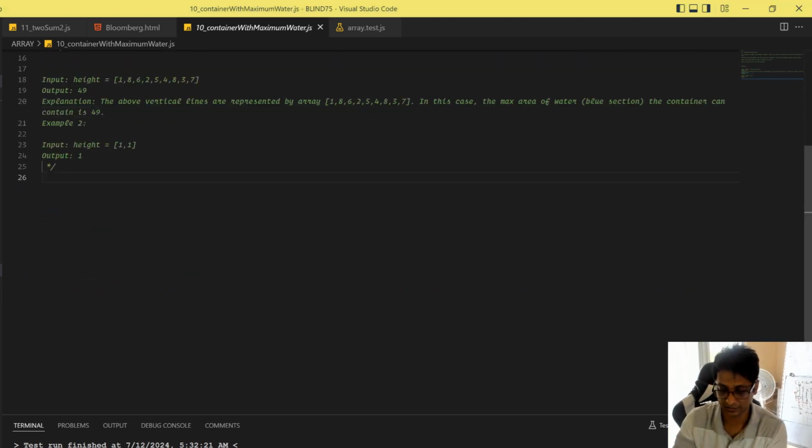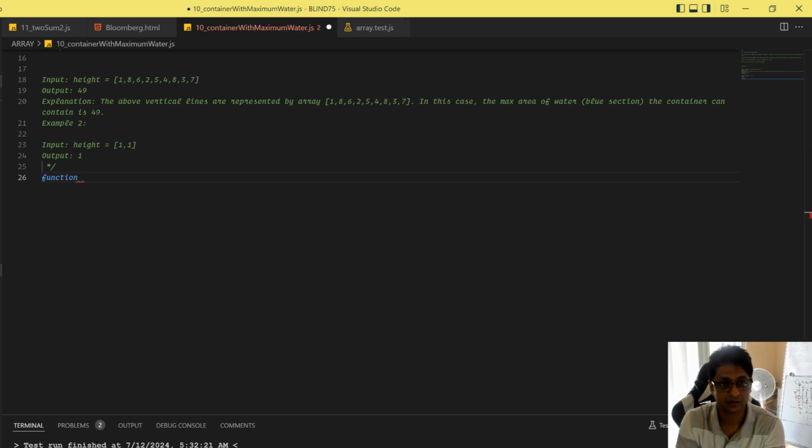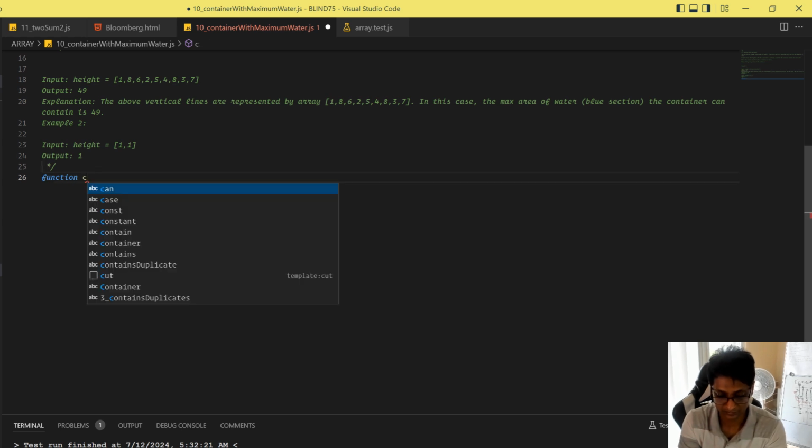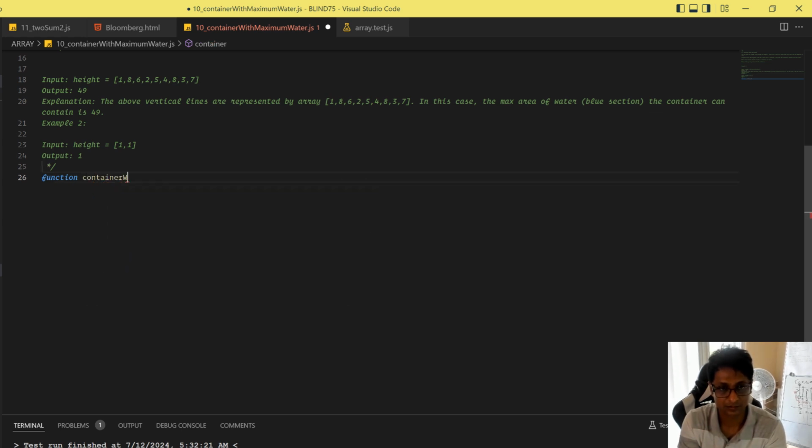So here, function get container with max water. The input is nums.